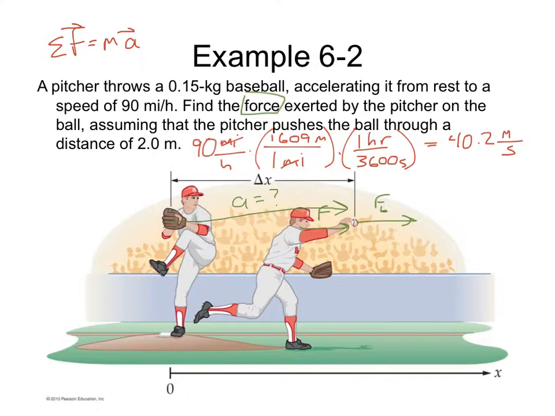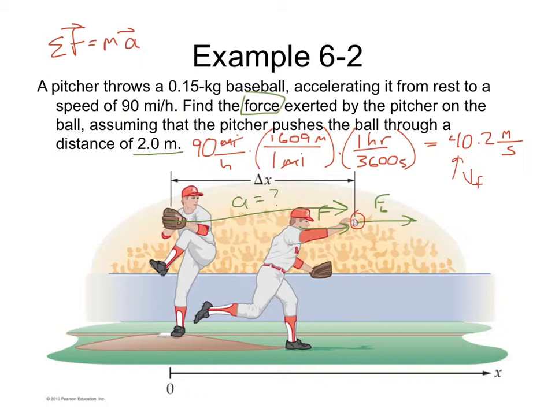All right, so we have a plan of action. Let's go ahead and do that. It's also important to note that it doesn't accelerate right away, but it accelerates from rest through a distance of 2 meters. So this right here, we could think of as being our final velocity right there.